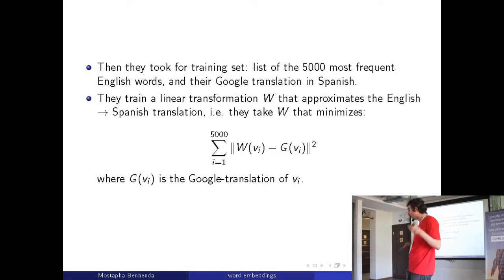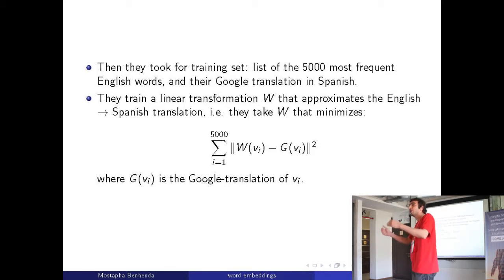So how do you make this map? For the training sets, we use the 5,000 most common words in the English language, and we look at their translations in Spanish. So we use some existing translator, and yes, Google, it's misleading.